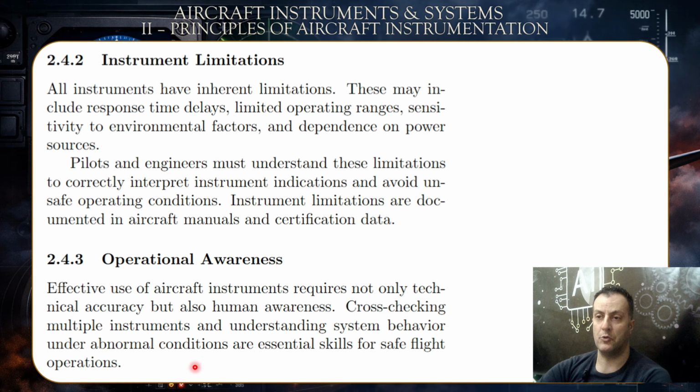For example, we need to verify and cross-check the behavior of the VSI and the altimeter to make sure that they are both positive, indicating a correct climb rate, and also the nose along with the pitch. If you're pitching 5 degrees and the aircraft is not climbing, you might be entering into a stall soon.